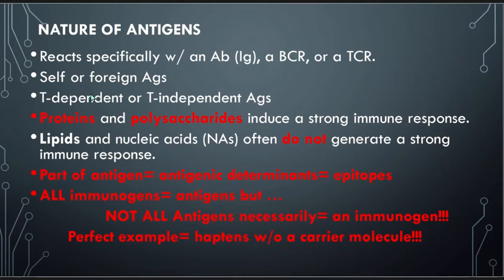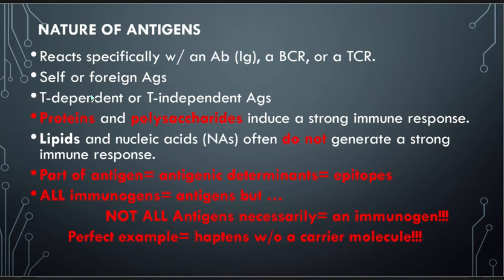And this is the mechanism that's evoked by proteins and haptens bound to proteins. The response is going to be pretty strong. It's going to be long lasting, and it's going to involve your memory cells. And it can be boosted.